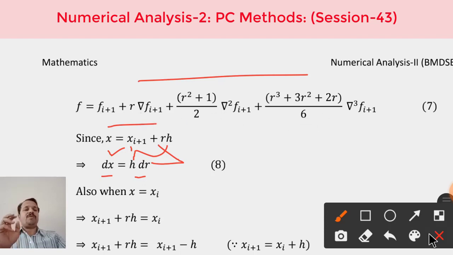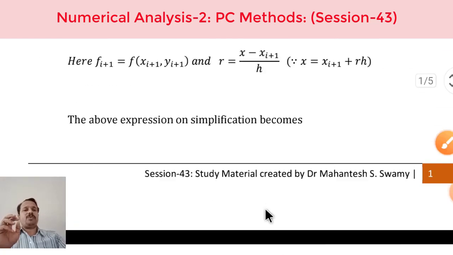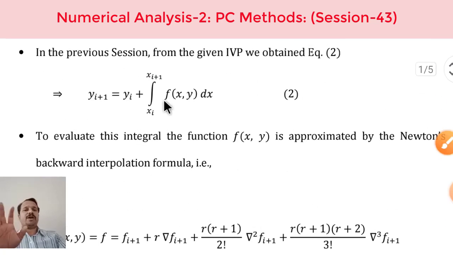Now we have to tell what are the lower limit and upper limit. That is also very important. Just now I have told you this integration we are going to evaluate. So we got the value for this integrand, that is the interpolation polynomial, and dx is to be replaced by h dr. And what are the values of the lower limit and upper limit?